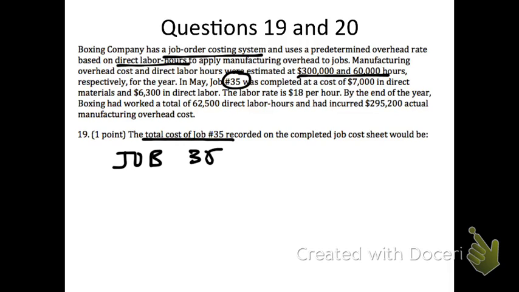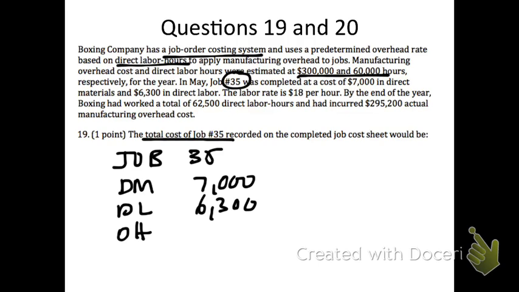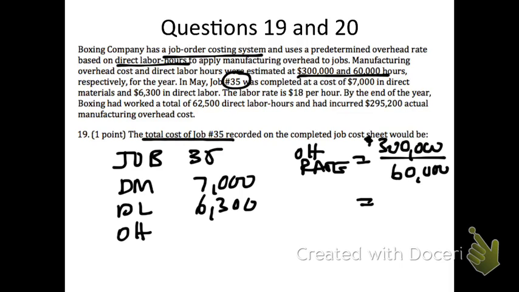For job 35, we know that we had direct materials of 7,000, we had direct labor of 6,300, and so we need to know what overhead is. Well, our overhead rate is equal to the total estimated overhead divided by 60,000 hours. So our overhead rate actually turns out to be $5 per direct labor hour. And so our overhead is 5 times our direct labor hours.